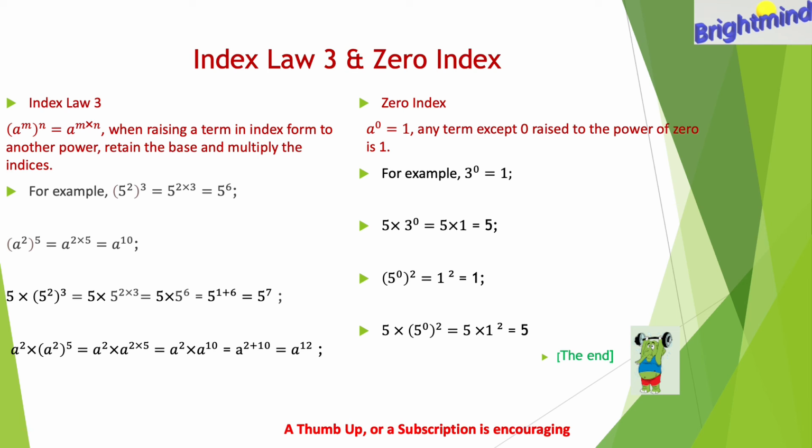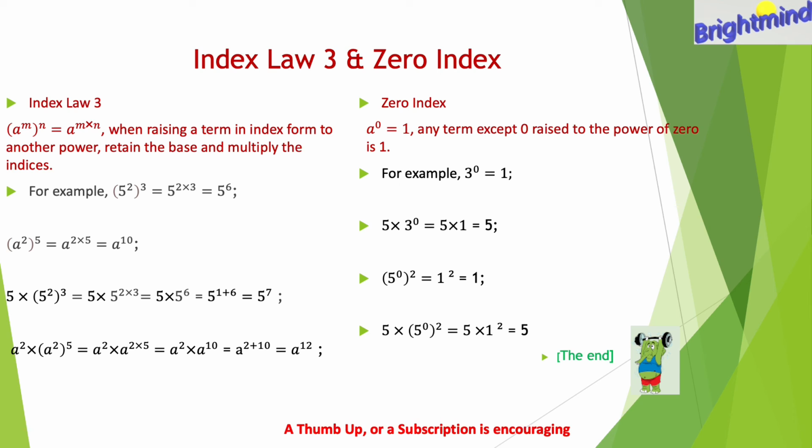Then we use index law 1, a to the power of 2 multiplying a to the power of 10, we keep the same base a, we add the powers, so 2 plus 10 equals 12. The final result is a to the power of 12.